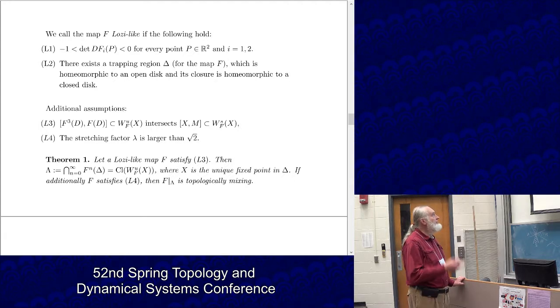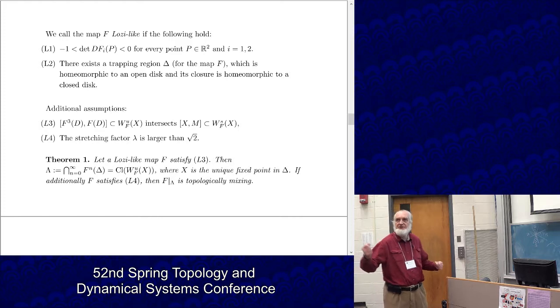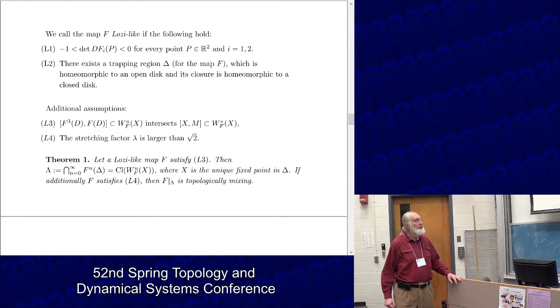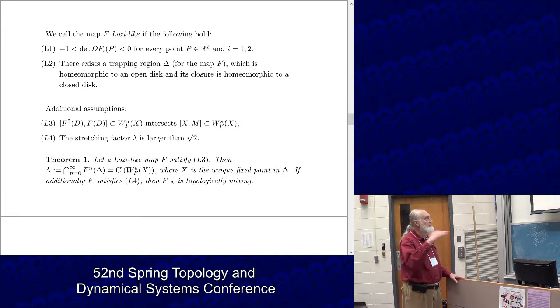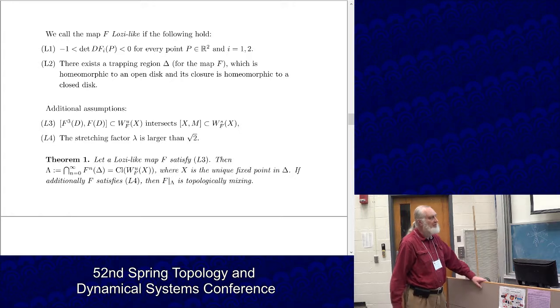And if additionally f satisfies this fourth assumption, so the stretching is sufficiently strong, then on this attractor lambda, this intersection or closure of the unstable manifold, f is topologically mixing.